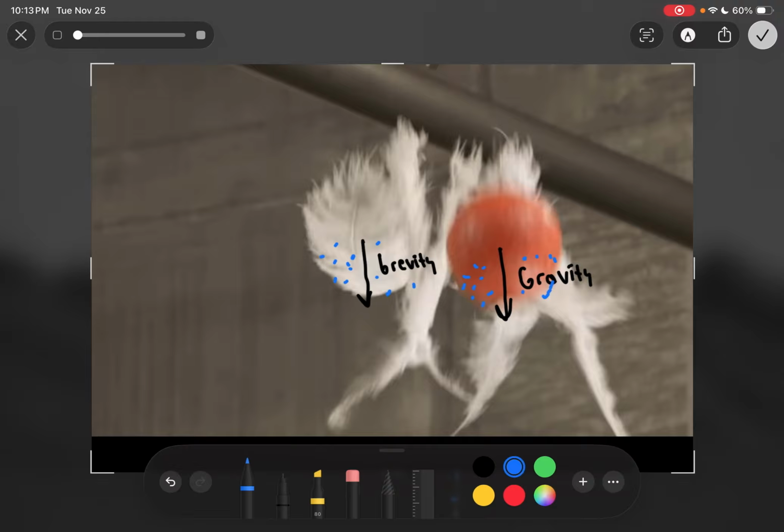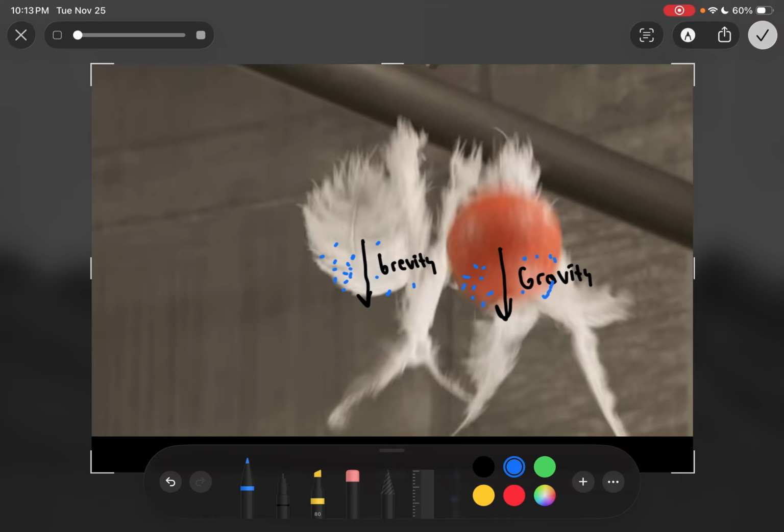But for the feather, its low mass means that the air molecules can have a greater impact on its acceleration. You can imagine dropping something super heavy like an anvil through the air. It's not going to care too much about these air molecules because its weight will totally overrule these air molecules. With a feather, though, air molecules have a significant effect on its acceleration.